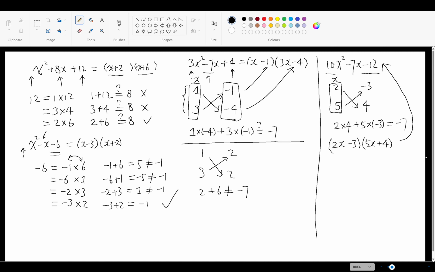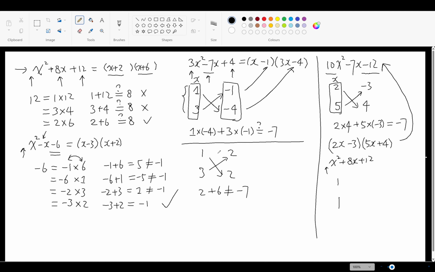So if we look at this example, you will see when the coefficient of x squared is 1, actually we can do it in the same way as we do for the following two examples. We still, for example here, x squared plus 8x plus 12, because the coefficient of x squared is 1, we factorize that as 1 by 1.